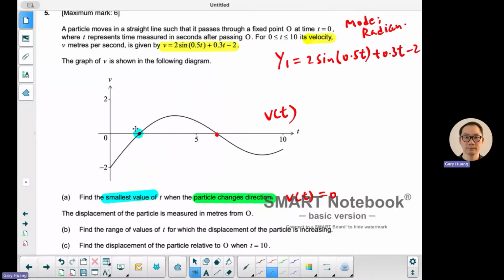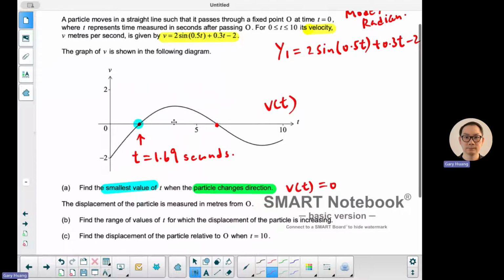I use my graphing calculator, rounded off to 3 sig fig. This point is t is equal to 1.69 seconds. Okay. Derivative equal to 0, so velocity equal to 0. That's when it changes direction.